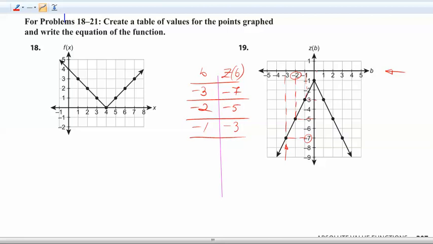Then you have x 0 and y -1. And you move on, all the way to the right by determining what the coordinates of these points are. And you have 1 and -3. You have 2 and -5, right? As you can see, your graph is symmetrical about the y axis as usual. All right.